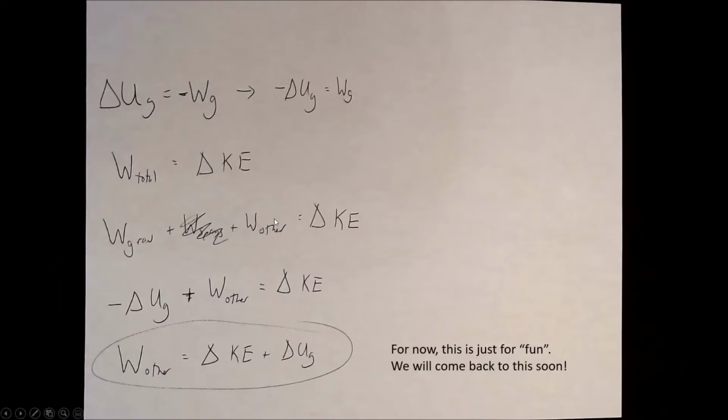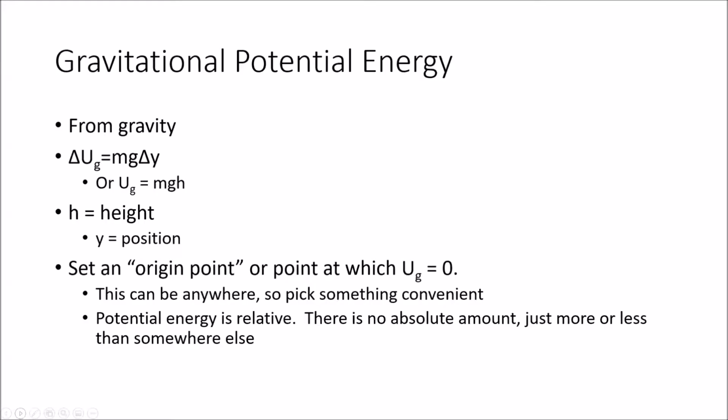Friction is one of the most common other forces, or just some outside applied force. This work other is often friction, and it is equal to the change in kinetic energy plus the change in gravitational potential energy. Gravitational potential energy is from the force of gravity.